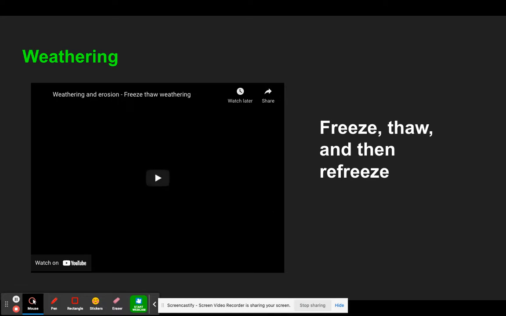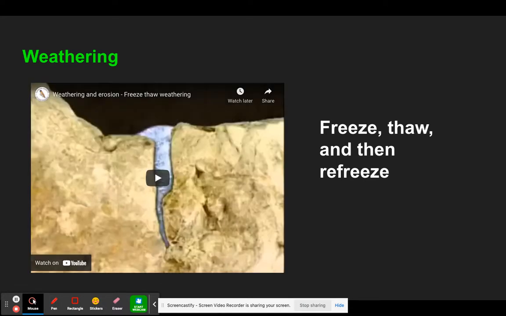One of the main processes that causes this is the freeze, thaw, and refreeze cycle. I would encourage you to click on this video as you go through the slideshow on your own. It does a great job of showing how this happens. As water fills in the cracks and freezes, it expands. As it expands, it kind of pushes the rock on both sides and breaks little bits of it off.